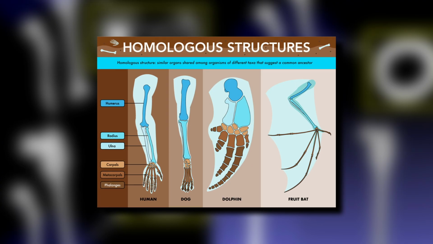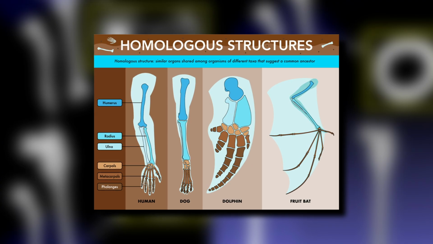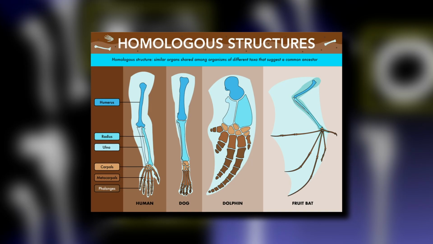But if they have the same origin and perform the same function, then such structures are called homologous structures, and this process is called homology. That means for two structures to be homologous, they must have the same origin and they must perform the same function.